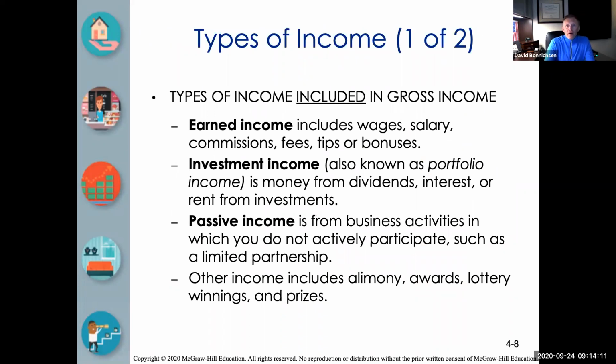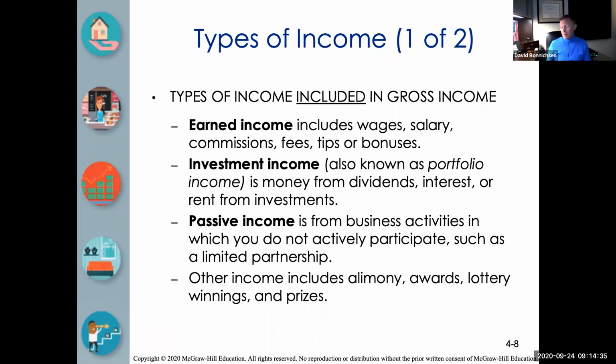So when we think about income, we've got different types of income that are included in gross income. We've got our earned income, that's our W-2 wages, the W-2 form that you get from your employer. We've got investment income or portfolio income, so that's money from dividends, interest, or rent from investments that you might have. And we have things like passive income.